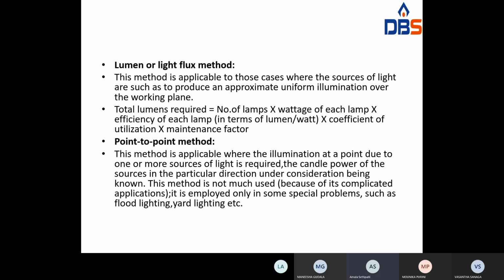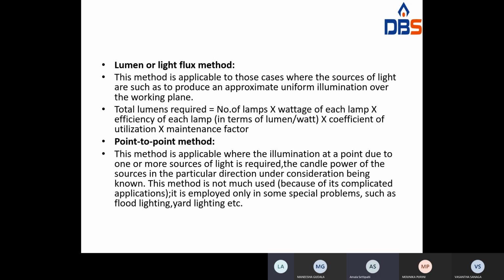As well as the wattage, that is, the power of each lamp, and the efficiency of each lamp. Efficiency you can take in terms of lumen per watt. Also the coefficient of utilization as well as the maintenance factor. We have to consider all these parameters, and by using this formula you find the lighting value in the lumen or light flux method.